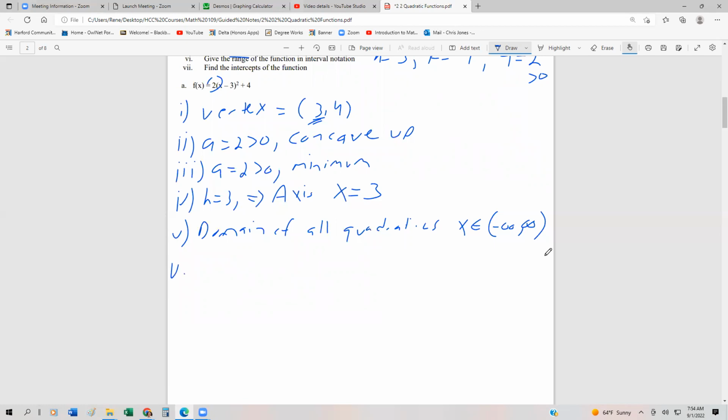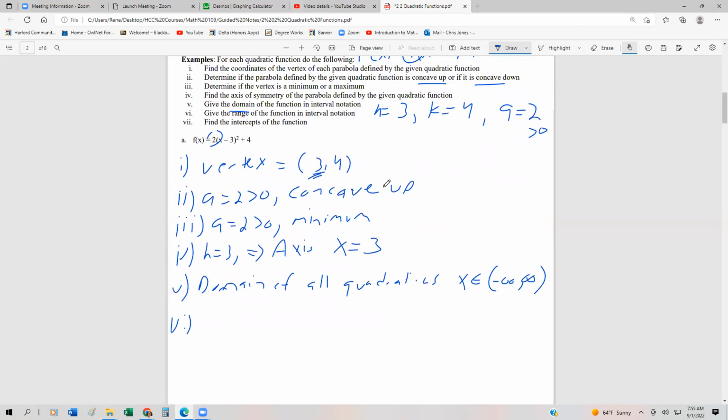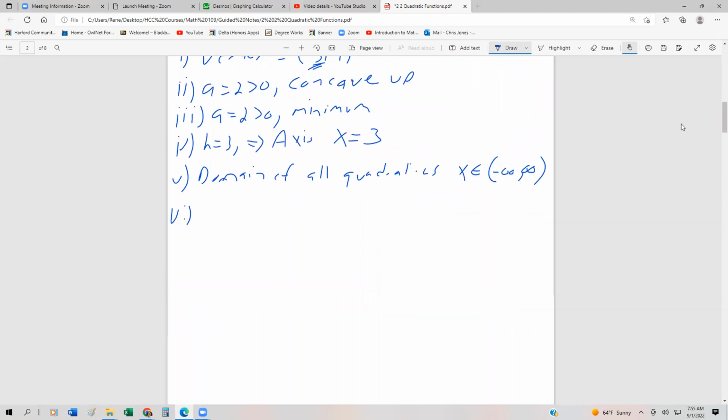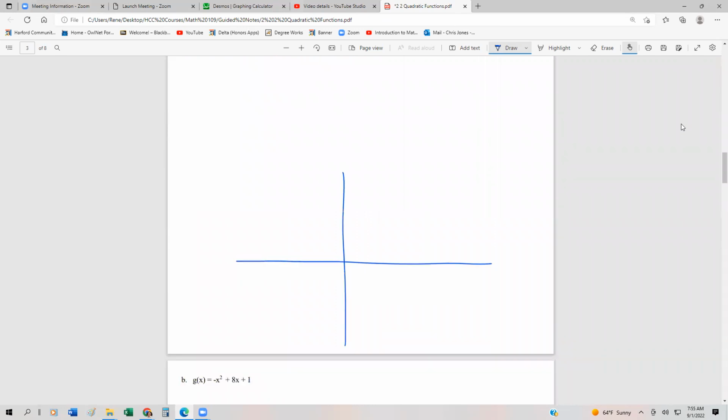For our range, we're just going to look at the vertex. If I were to plot a really basic graph of this, and I have no idea if this is exactly what it looks like, but remember we have the point (3, 4) as the vertex. It's right here, and it will probably look something like this because it's concave up.